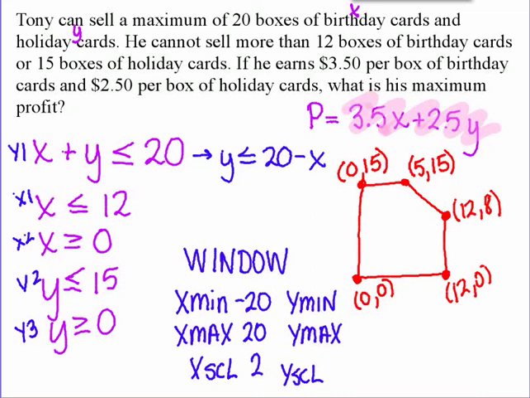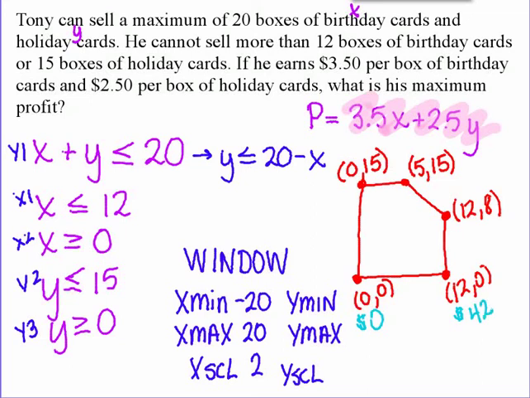So now we're going to go ahead and plug those in, and then I'm just going to write the number beside it. So obviously if I plug in 0, 0 here, I get 0. If I plug in 12, 0, that means I plug in 12 for x. And what do I get when I take 12 times 3.5? 42.